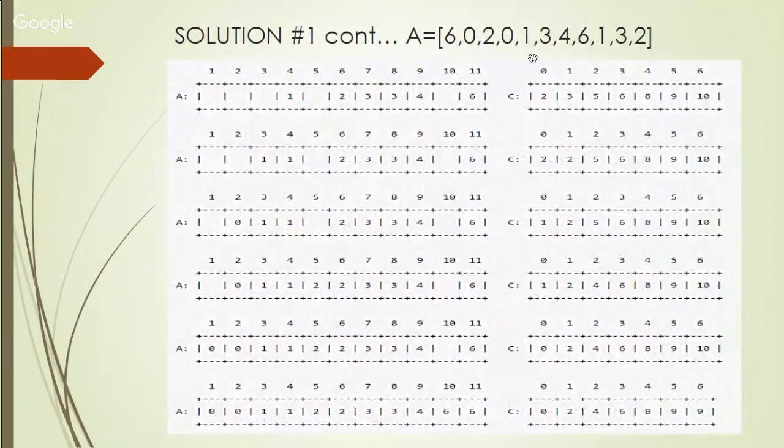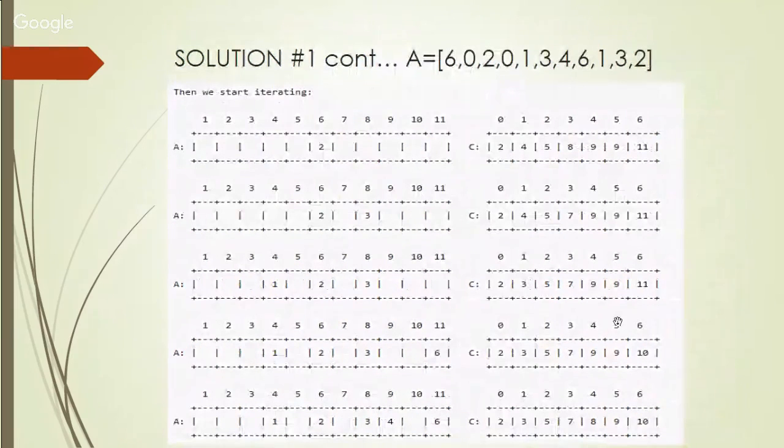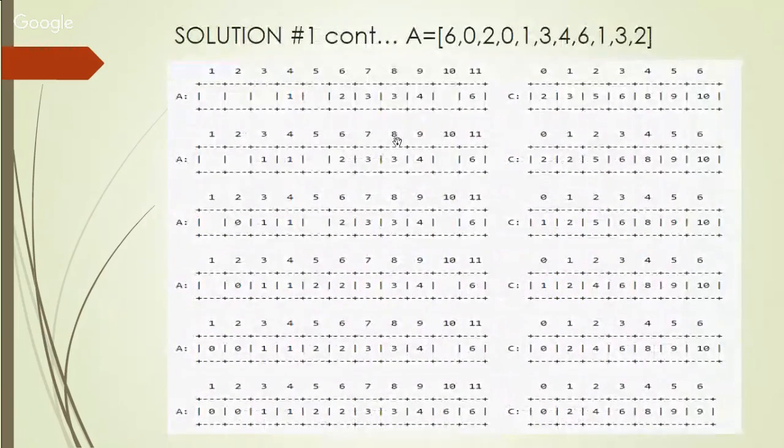The next is 3. Previously 3 is at index 7, so I shall put it at index 7, then reduce the index to 6.